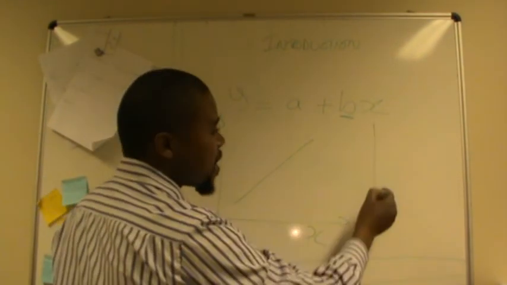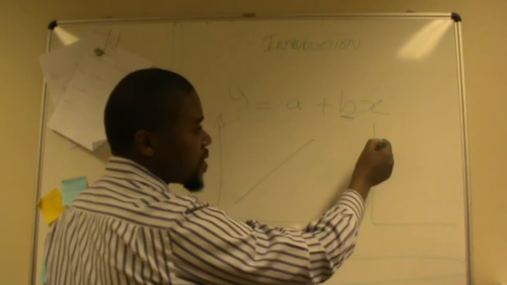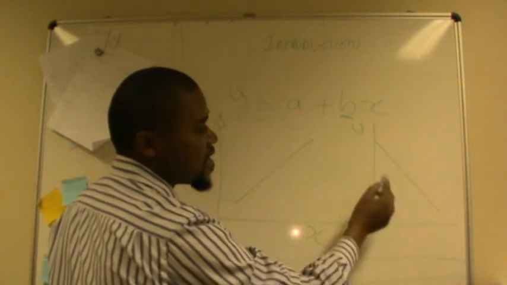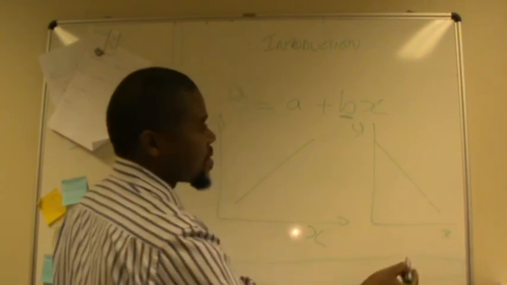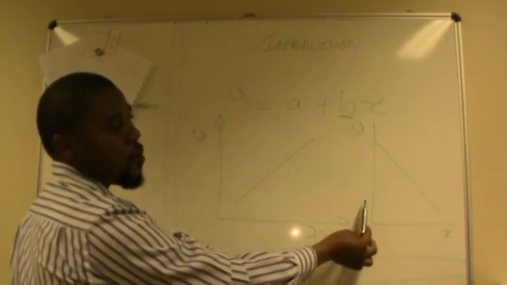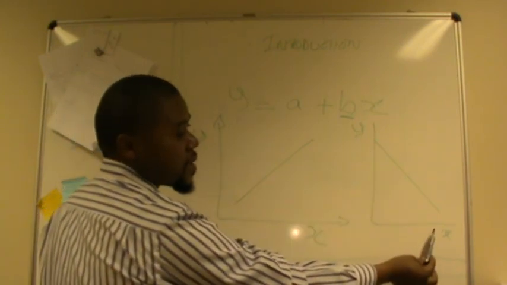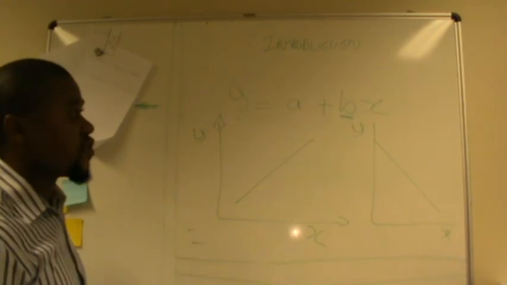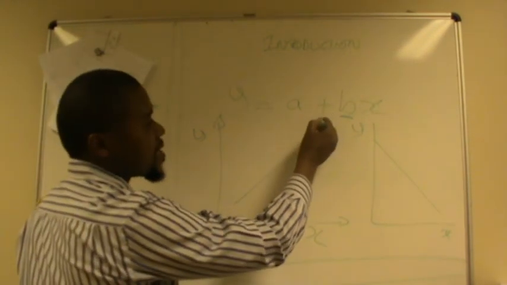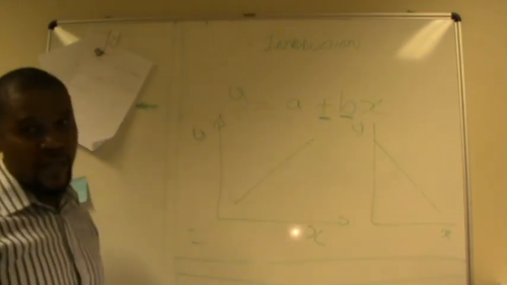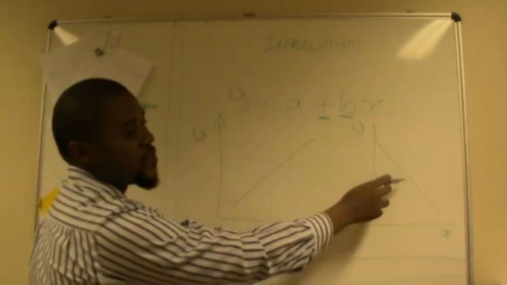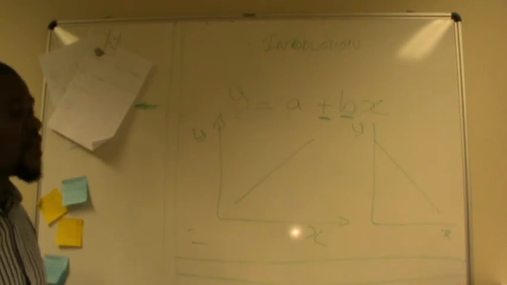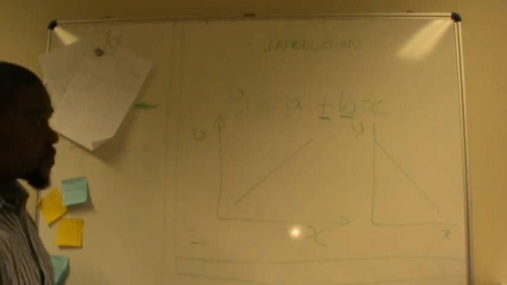And then you could also have a negative relationship, like the one that we looked at just now, where y is negatively related to x, which means that as y increases, x is decreasing. That represents a negative relationship. That would mean that b there takes on a negative sign, because it is the slope of that linear relationship.